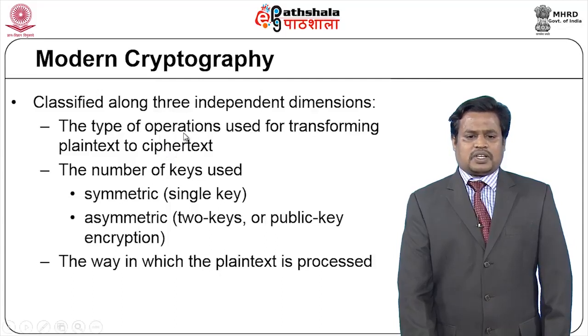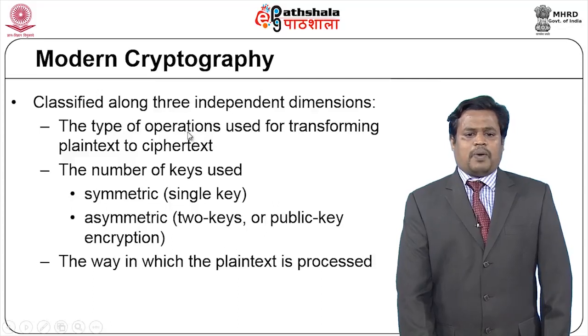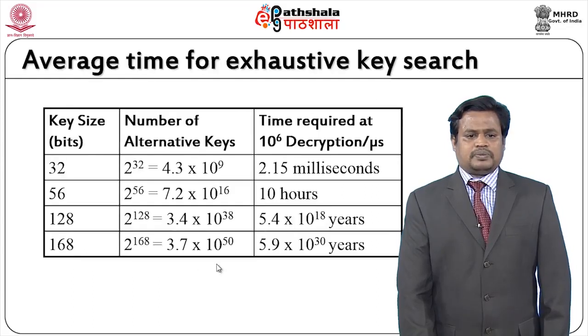That is what we call ciphertext. So we need to understand what type of operation is used for transformation. Then, whether I go for a symmetric key or asymmetric key is decided by the way I am going to communicate with my receiver when sending a message. And we also have to understand in what way the plain text is processed. This is the core idea behind modern cryptography.